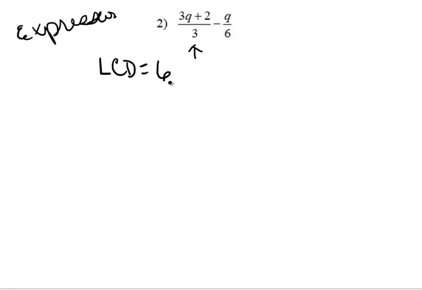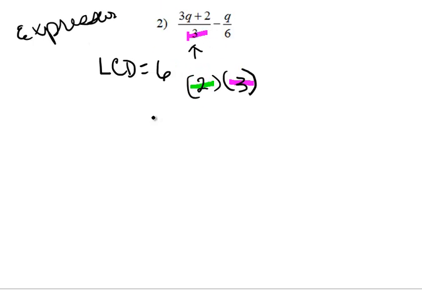And to do that, I'm going to ask myself, what are the factors of 6? They're 2 and 3. And here I have 3, and here I have 3. So I need to bump up by 2.